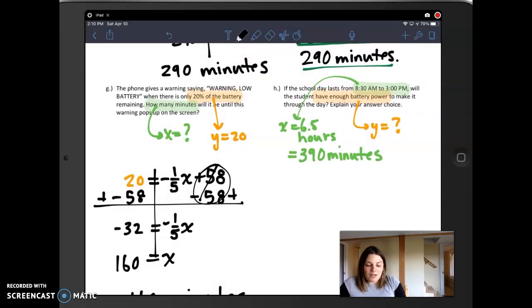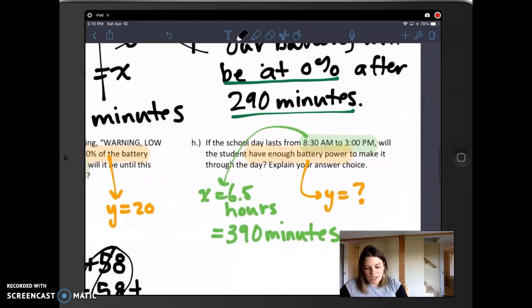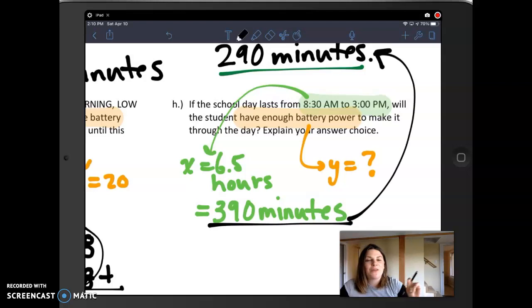All right, on this next one, you could do the same thing where it's telling you how long you're gonna be at school. Will your battery make it? Let me tell you, your battery won't make it, because 6.5 hours is 390 minutes. And we know from the x-intercept that we just found that 290 minutes is all the battery we have.